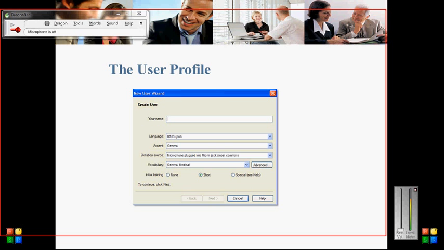Now, the next one is the dictation source, and usually that's the microphone that's plugged in, or the mic-in jack. For those who are on the MFA and AMG projects, usually they have a stand-up mic that's installed. I think it's a Logitech mic.